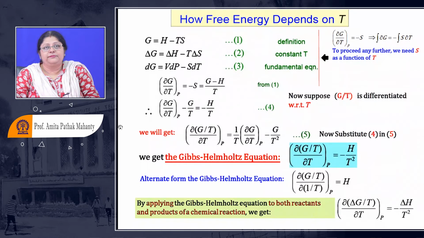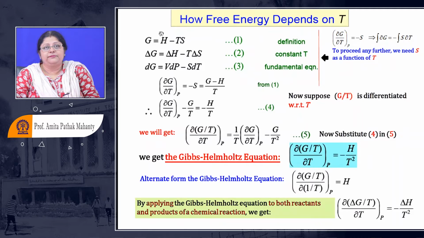So this, which you can see, G equals H minus TS, is the basic definition of G that we took when talking about the spontaneity conditions. Like we had a definition for enthalpy and a definition for Helmholtz energy, similarly we have a definition for the Gibbs energy.